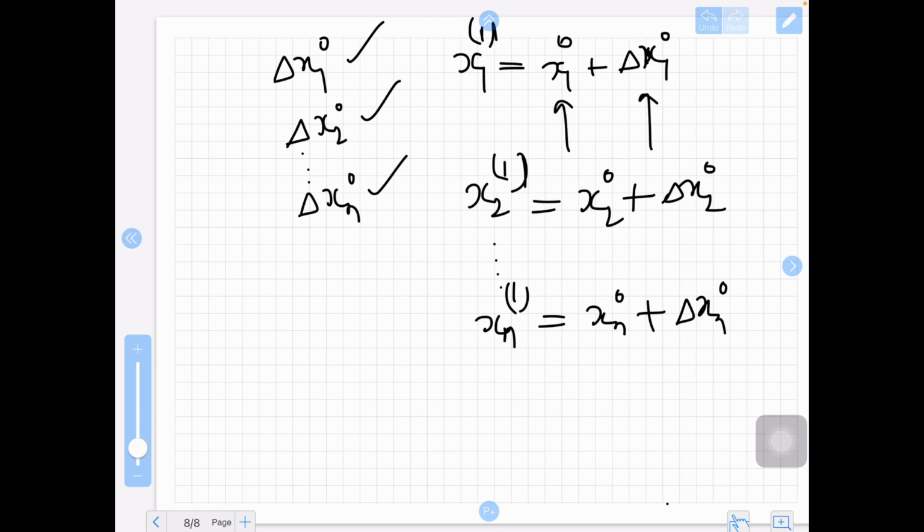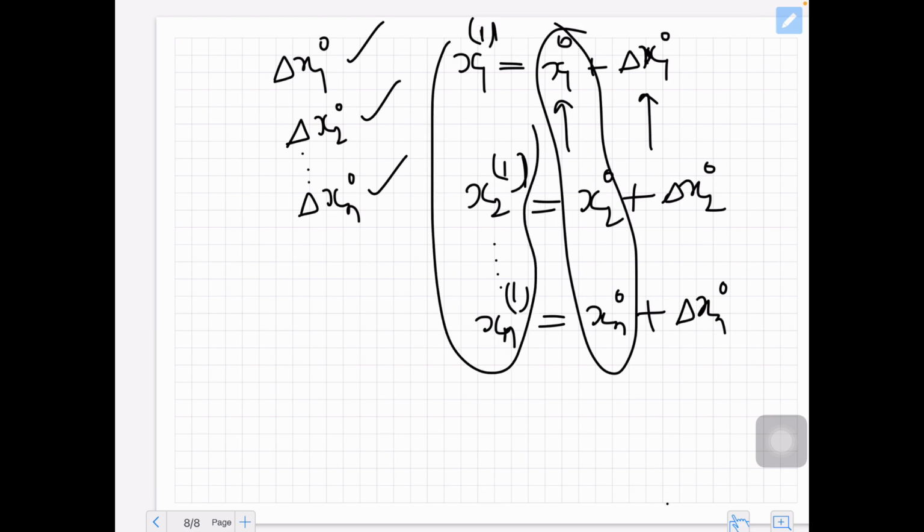So with the new solution, the process is repeated to find the next new solution. That means initially we have assumed x1, x2, xn naught, and we found x1 of 1, x2 of 1, xn of 1, that is the first iterative value. These first iterative values are substituted in the calculation to get the second iterated values of x1, x2, xn.